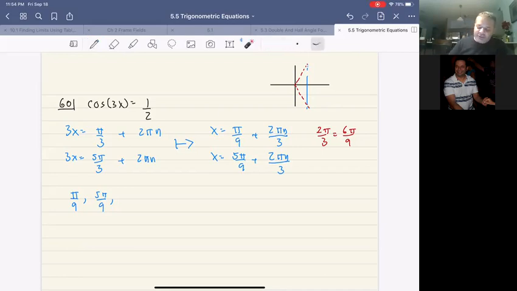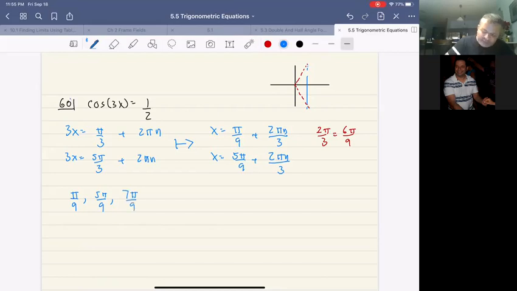I'm going to add 6 pi over 9 to both of these terms, and I'm going to do it once, twice. Remember, this is n equals 0, then n equals 1, n equals 2, and I go one less than that. So pi over 9 plus 6 pi over 9 is 7 pi over 9.